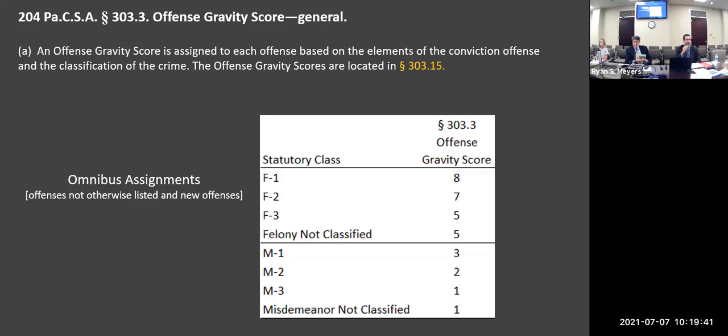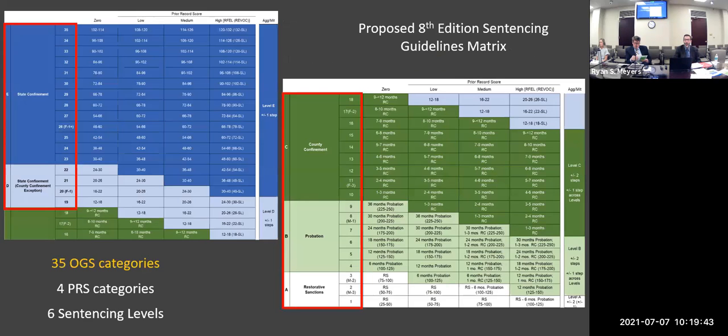So by creating a newer matrix that has these 35 OGS categories, we're going to think about the process by which we may assign these.